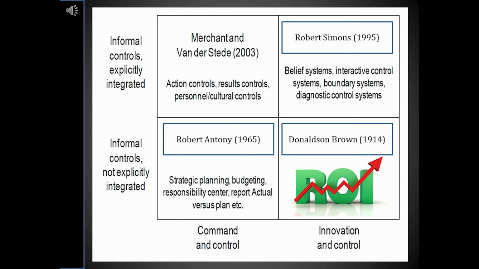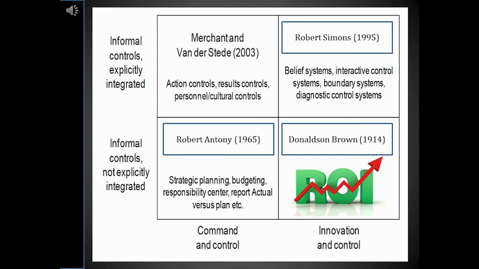By now, this snapshot on management control systems has introduced you to three different ideas. First, we had the idea by Donaldson Brown to create an ROI calculation. Then, we had the introduction by Robert Anthony suggesting that management control systems is what you have in between strategic planning and operational control.